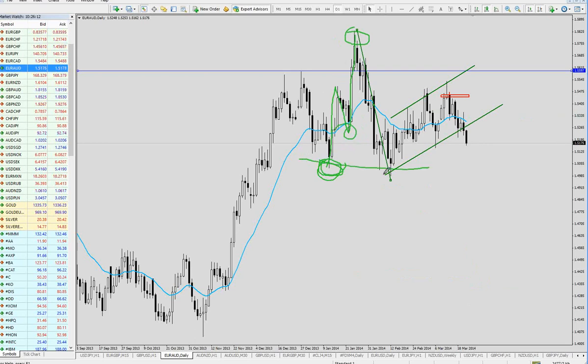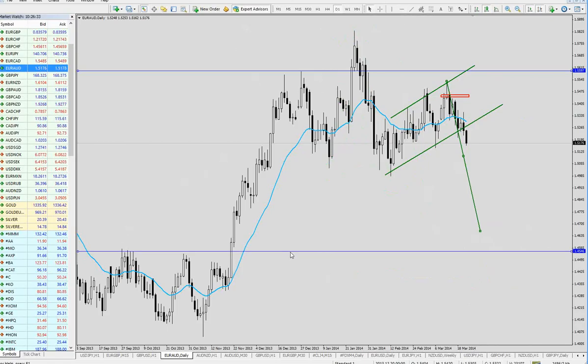But we took out this low already. So I would say we can easily make this straight, simple measure, right? So from here and the highest point here, we are targeting 46.60. So we are targeting almost this visible support.